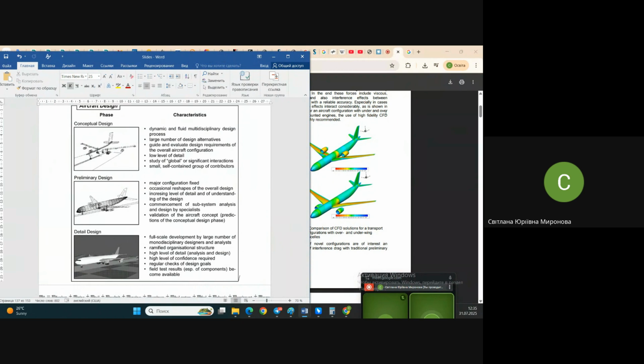So overload should be as minimum as possible, but in our calculating cases, these overloads are given a bit more than necessary, and moreover, we additionally work with so-called coefficients of safety so that the airplane has some excessive strength. But what does it mean, excessive strength? The more the better?